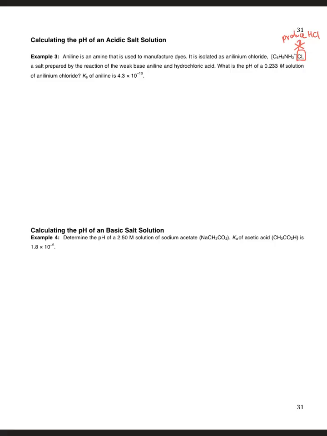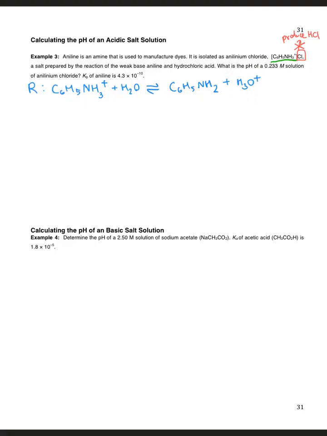So if you look at the other species, we can see that this species is not part of a strong base. That means we are going to react this species with water. So I'm going to set up the reaction in water. This species has a proton to donate to water, so it is going to give off a proton to water and eventually produce hydronium ions.